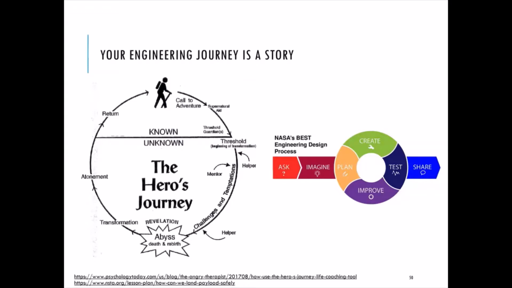So for your team and your season and the design of your robot, you are also going to tell a story. And the formula that you are going to use is the engineering design process. Okay. Now, you want to tell a convincing story to the judges during your season.